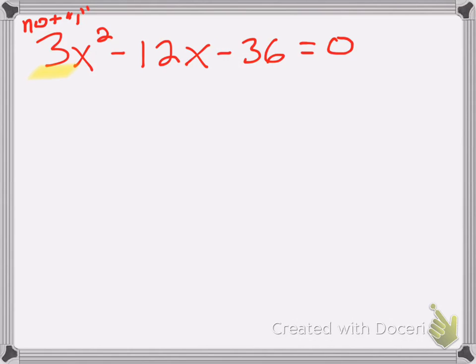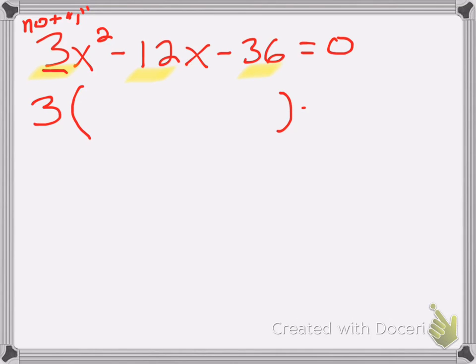What I'm going to do, though, is I'm going to check to see if this number divides my other two numbers, the 12 and the 36. Well, 3 divides 12 evenly. If you punch it on a calculator, it'll give you 4. And 36 divided by 3 is 12. If that happens, I can factor out 3. So let's take 3 out.